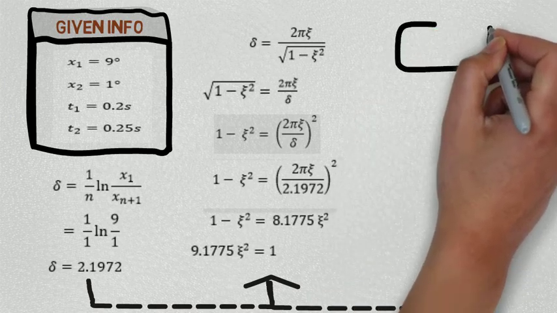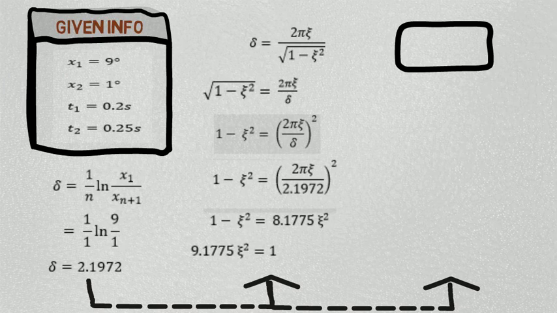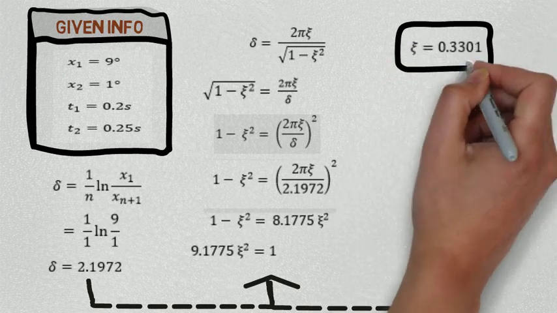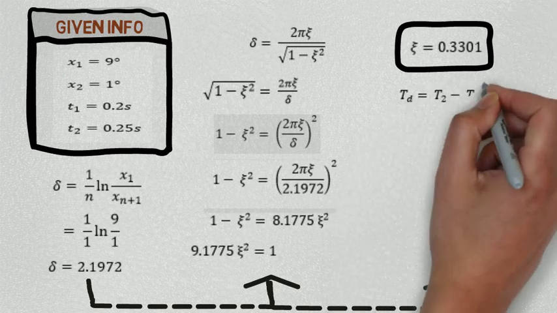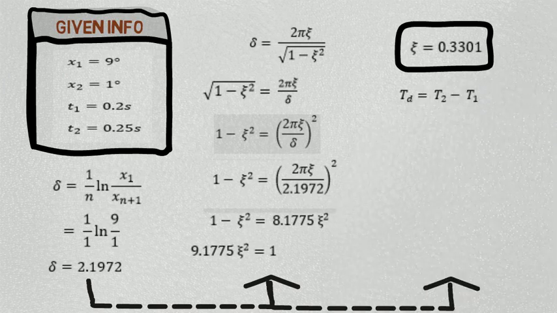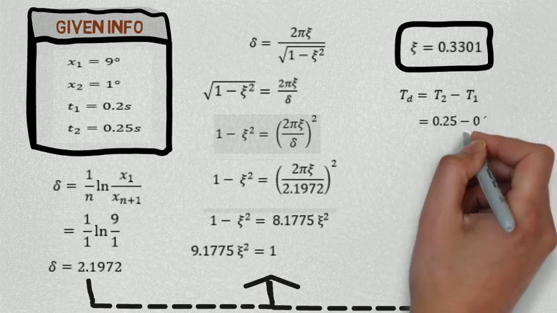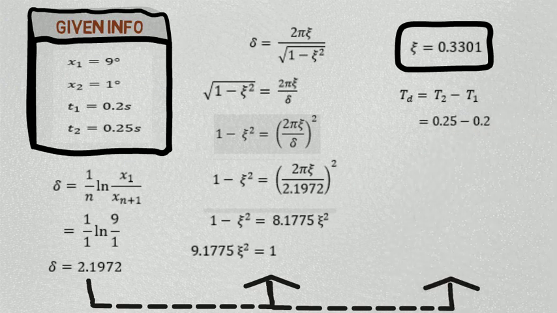And you will get the value of zeta is 0.3301. Then use the values of T2 and T1 to get the value of TD, the period of damped vibration, and the period is 0.05 seconds.